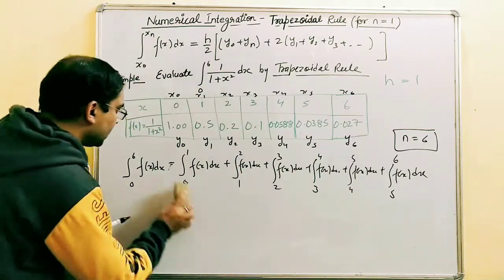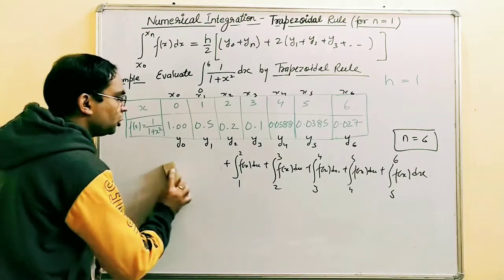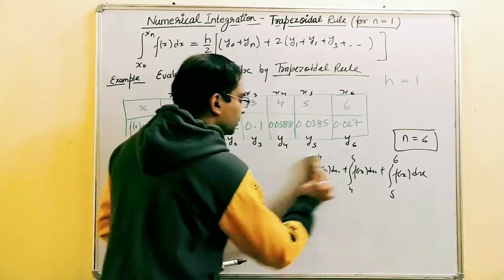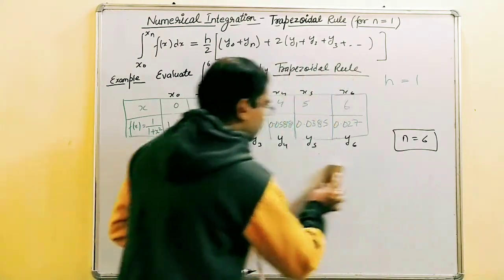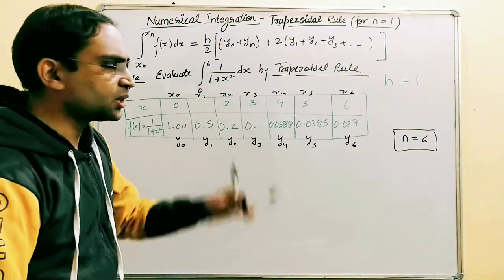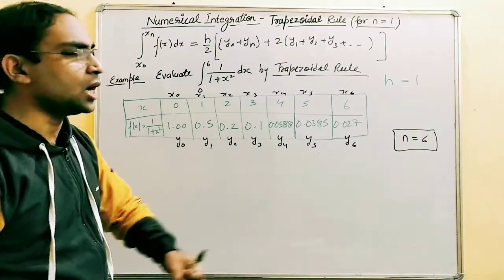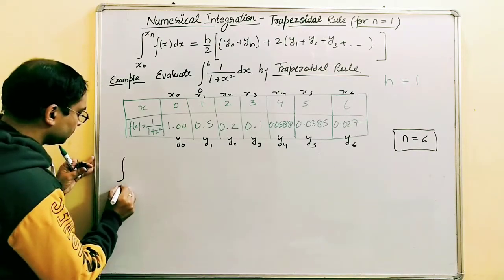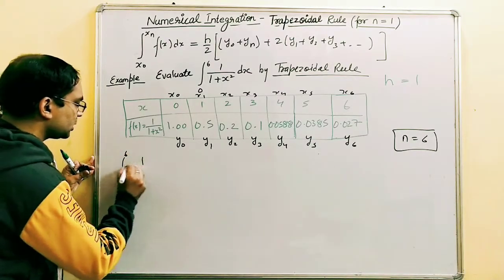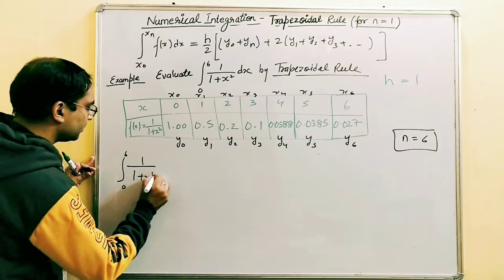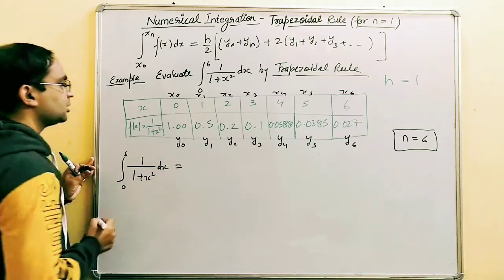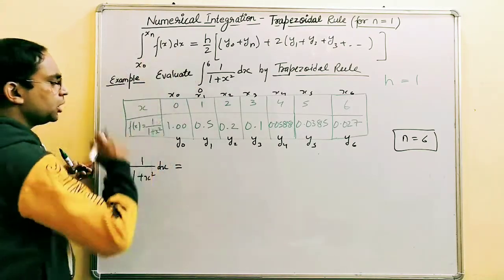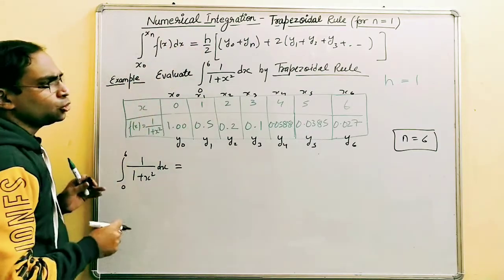So now let's apply the trapezoidal rule on this for 6 intervals, where 6 is a multiple of 1. So now the integral of 0 to 6, 1 upon 1 plus x square dx will be equal to, according to the formula, h upon 2.